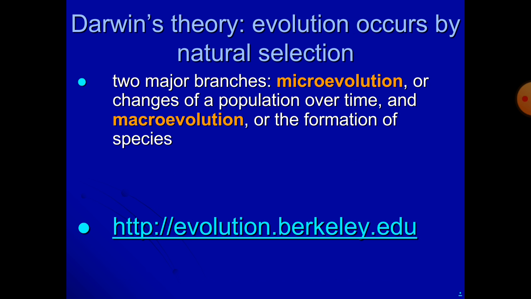Microevolution produces descendants that are in the same taxonomic group, or which are classified in the same species. This does not result in speciation, or formation of new species, meaning that organisms can breed with their ancestors because of minimal changes. And that is microevolution.